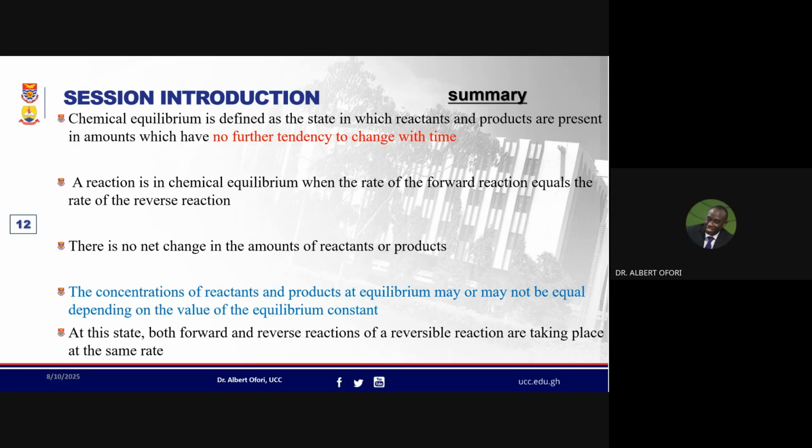So I cited the example of sodium chloride in water. By addition, you now see that you are forming back. It's not that sodium chloride plus water just gives you sodium chloride plus water.